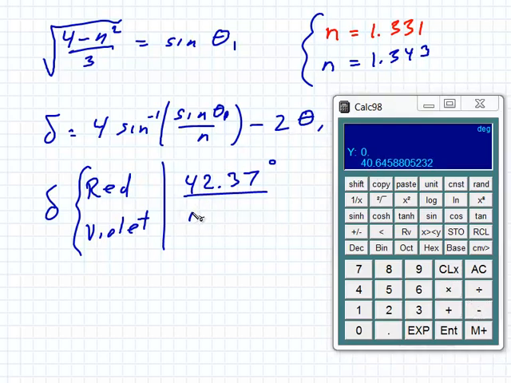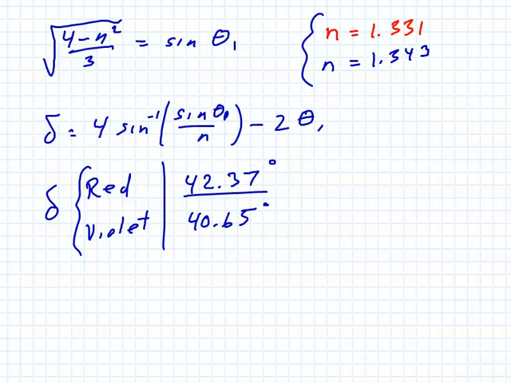I get 40.65, let's say. All right? So this is our angle for the rainbow. These are the angles from the center line, which is the anti-solar direction, out to the rainbow as measured from the observer's point of view. And somewhere between 40 and 42 would be the range of angles for the different colors.